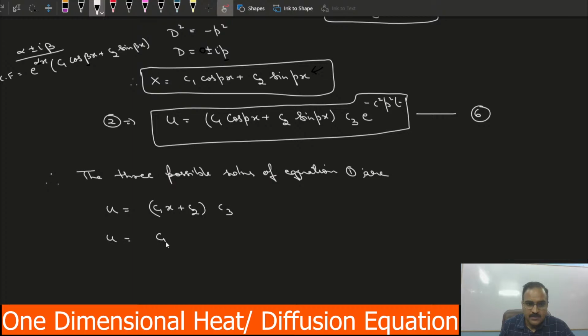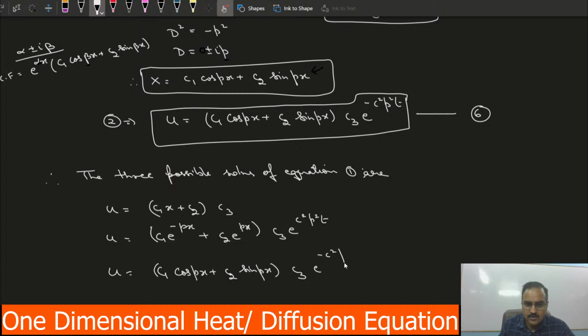The second was c1 e raised to power minus of px plus c2 e raised to power positive px into c3 e raised to power c square p square t. And the last one we have is c1 cos of px plus c2 sine of px into c3 e raised to power minus of c square p square t. Okay, these are the three possible solutions or outcomes for us.